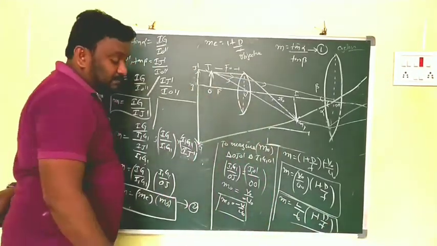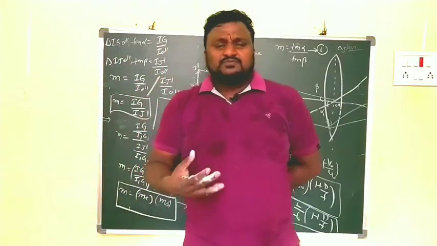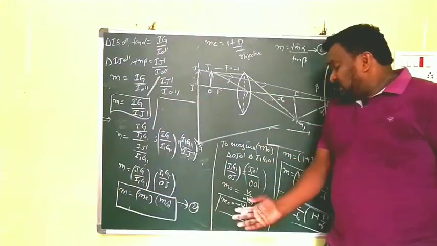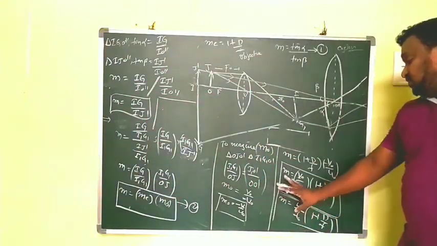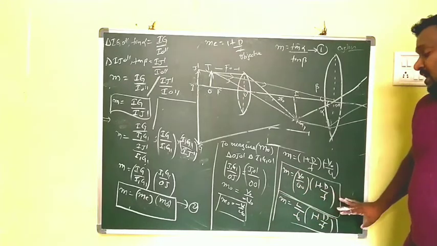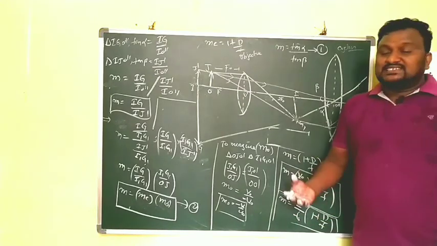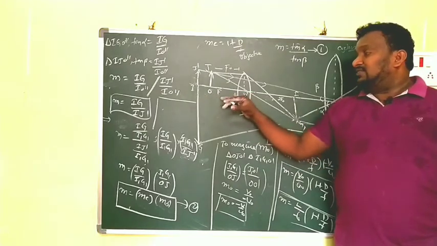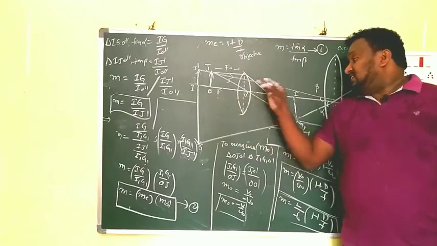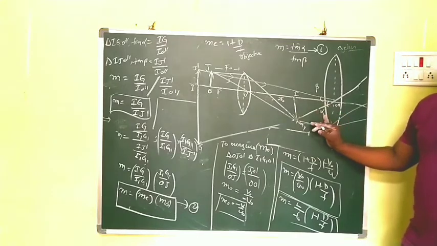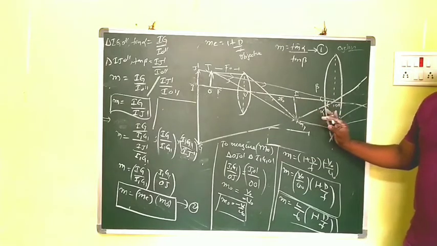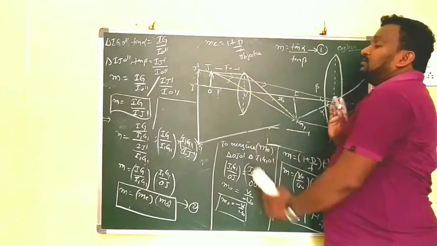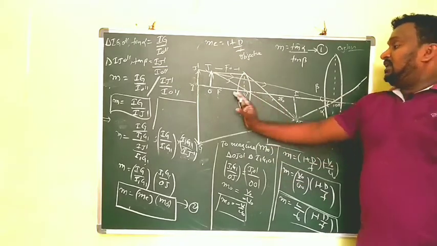This is another case, children. The last point you have to know: we derived the equation M is equal to V0 by U0 into 1 plus D by F, and we have a special case. If the object is exactly at the focal length of the object lens, then the image is very close to the eye lens. That means almost all of it is in the length of the microscope.